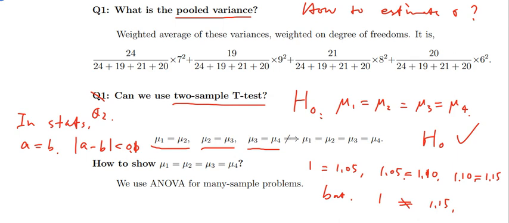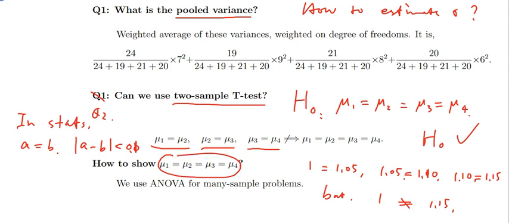Okay, so for this reason, we say we cannot use the two-sample t-test. We just cannot use that method to test H0. So how can we show those four are quite the same?